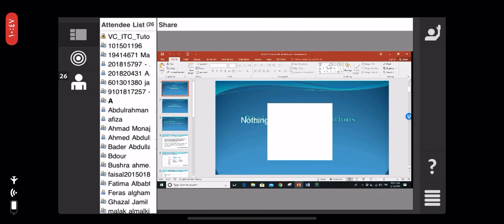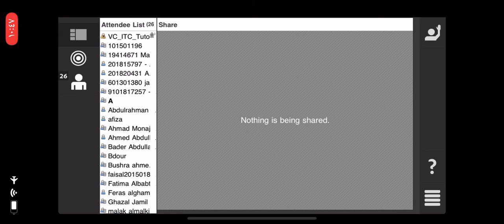I cannot see the chat bar. Where is the option of the chat bar? Edit my info, show active speaker, remove all rooms.